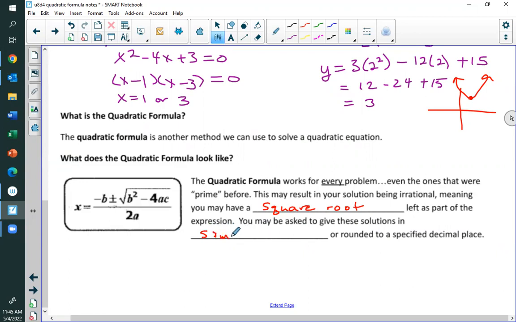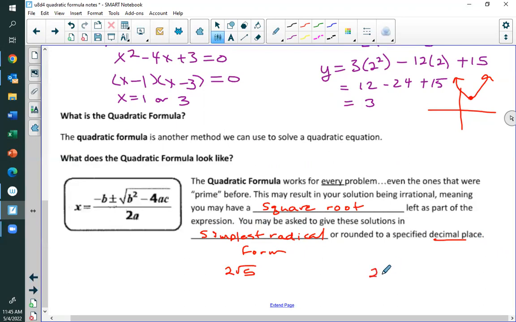Okay, so we can give our answers in simplest radical form, 3 times the square root of 5, or sometimes we'll be asked to find the answers using decimals. And so you'll just need a calculator and you'll literally find out what is the square root of 5 on your calculator. So if my answer was 2 times the square root of 5, that's simplest radical form.